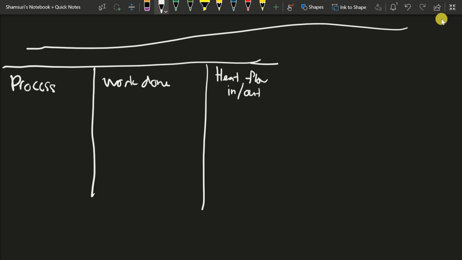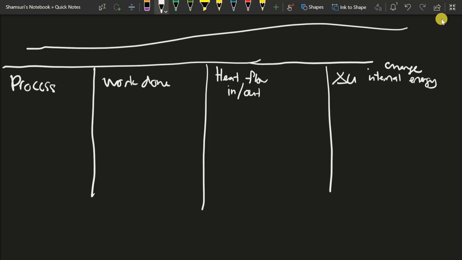So we continue this. Then we can also have delta U, the internal energy, or change in internal energy.